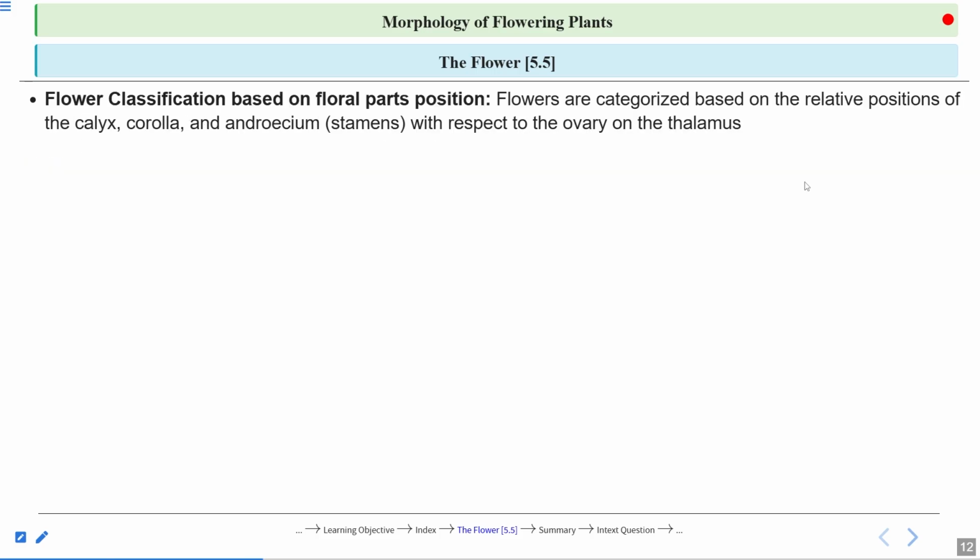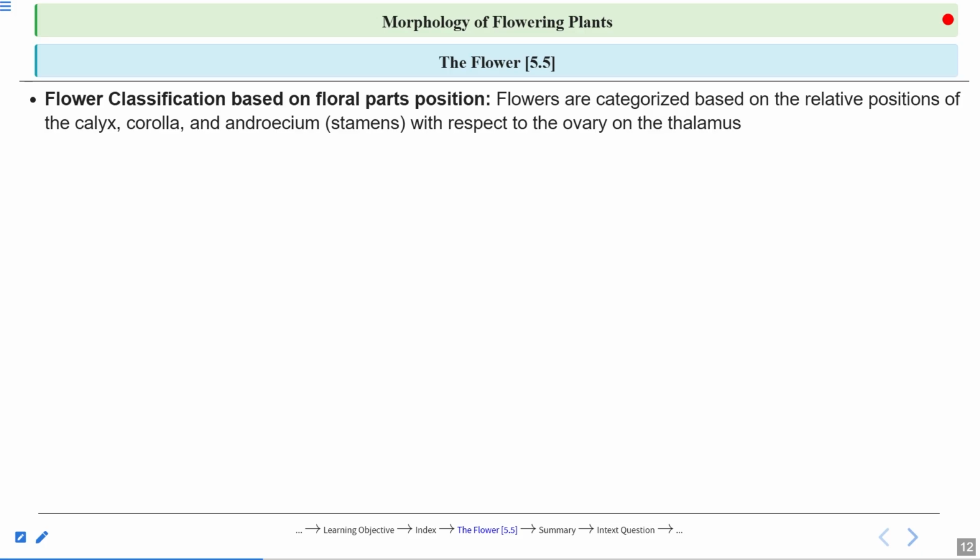Now, flower classification based on floral parts position. How the floral parts are arranged on the flower is the basis of this classification. Flowers are categorized based on the relative position of the calyx, corolla and androecium with respect to the ovary on the thalamus.